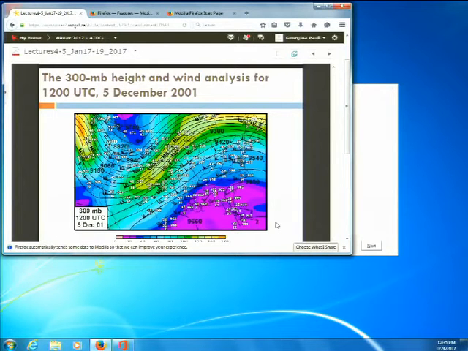The wind direction is the little stick, just FYI. If you have a system like this, the cold air is coming down here, so this would be the colder air and this would be the warmer air. Just look at the direction of the winds and think about what air mass they're bringing with them. If they're coming from the south and going north, we're getting warm air. If they're coming from the north, cold air.